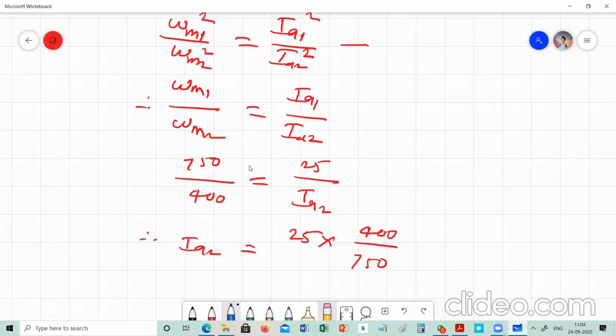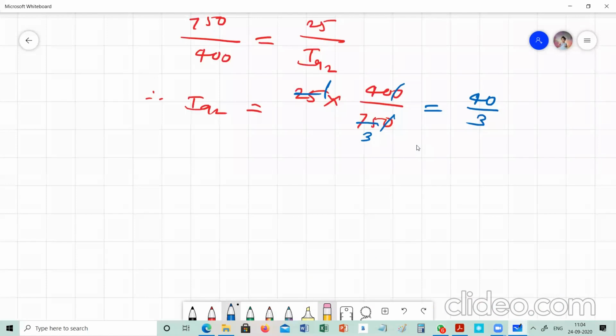Okay, this 0 will go away. 2 fives are 10, 3 fives are 15, okay, is equal to 40 by 3. This is the armature current. Now we can calculate EB2.